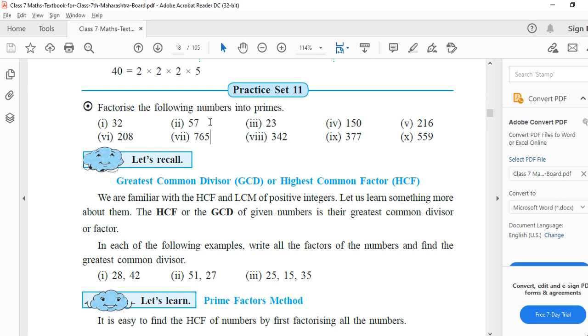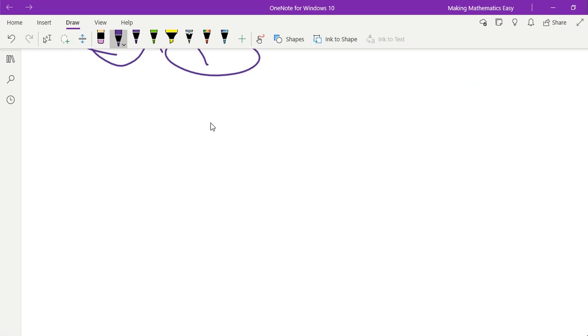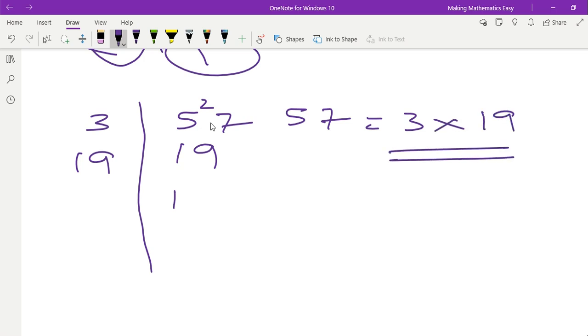Now let us start with the second, which is 57. This is divisible by 3, so 3 ones are 3, 2 is remaining, 3 nines are 27, and 19 is a prime number, so we can take 19 into 19. So the factorization of 57 is 3 into 19.